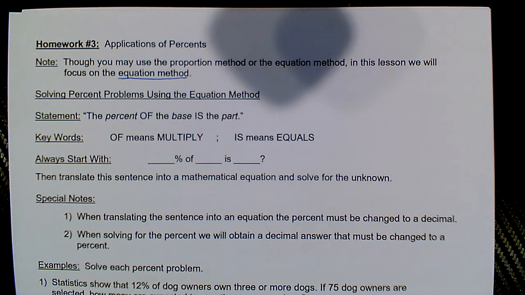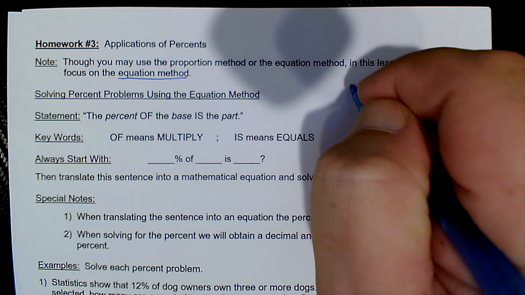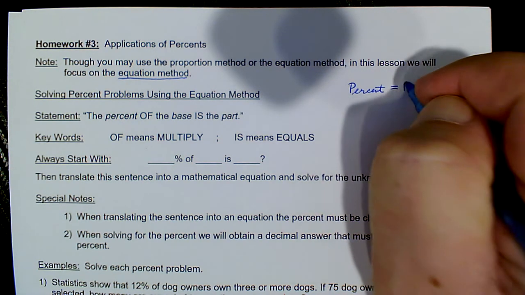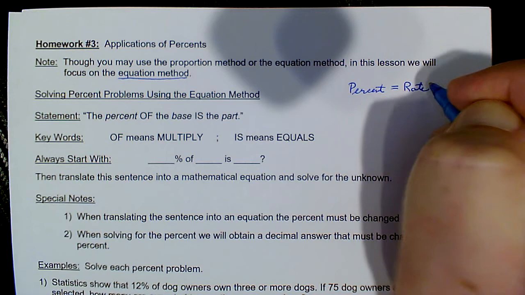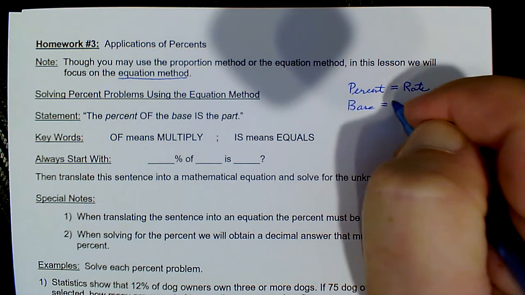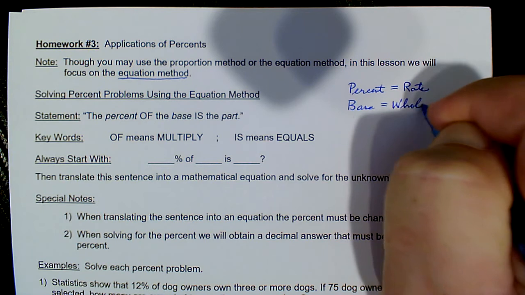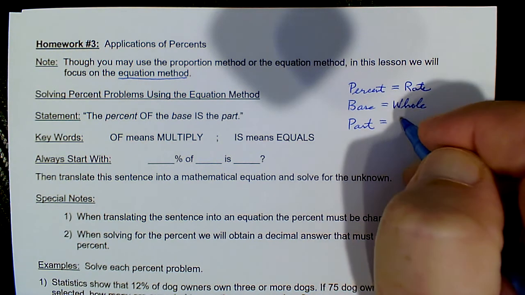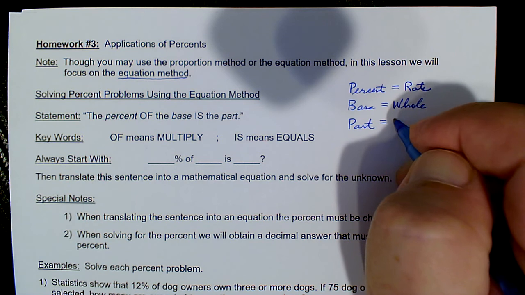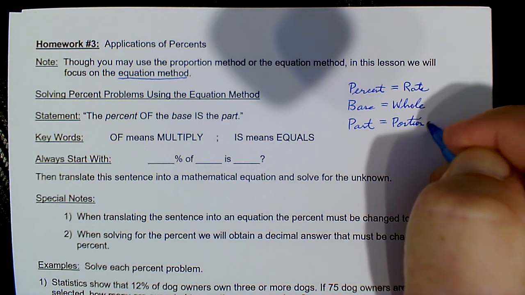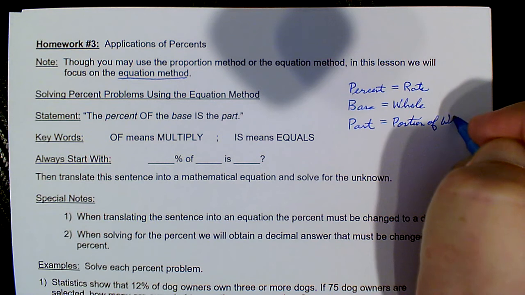So you have to make sure you understand that the percent is the rate and the base is the whole or the quantity under consideration, and the part is the portion of the whole.